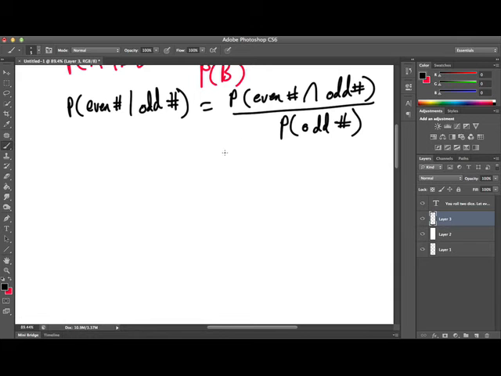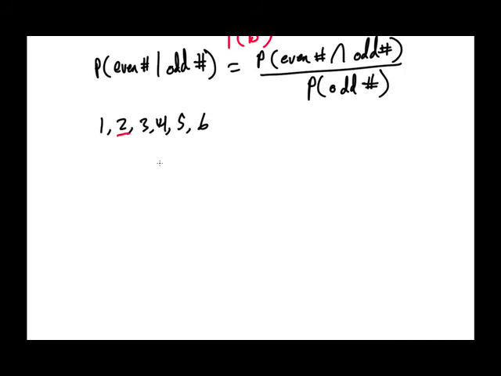So if we were to look at this, you know that on a die there is 1, 2, 3, 4, 5, 6. So your even numbers are 2, 4, and 6.